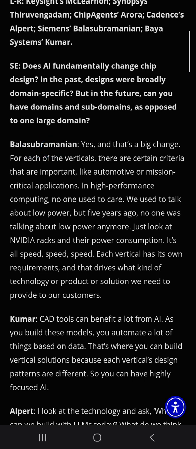Balasubramanian: Yes, that's a big change. For each of the verticals, there are certain criteria that are important, like automotive or mission-critical applications. And high-performance computing, no one used to care.